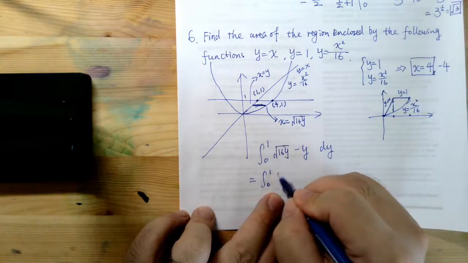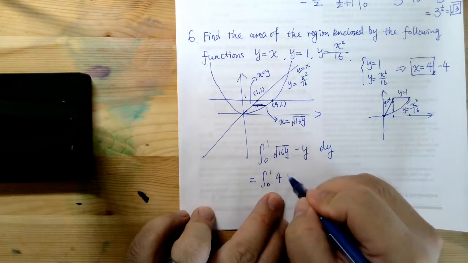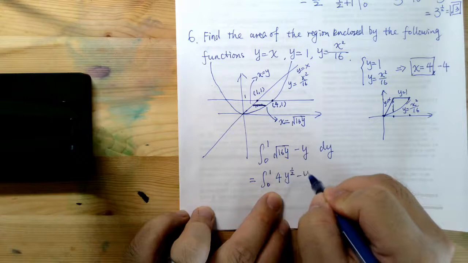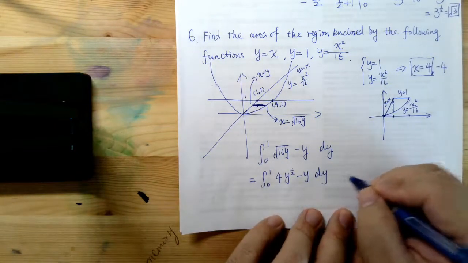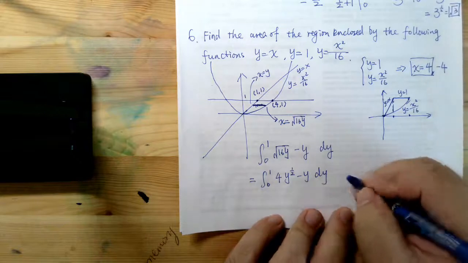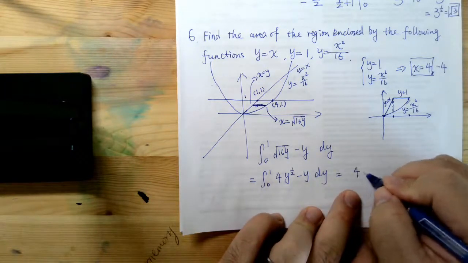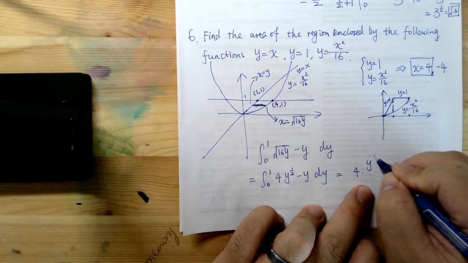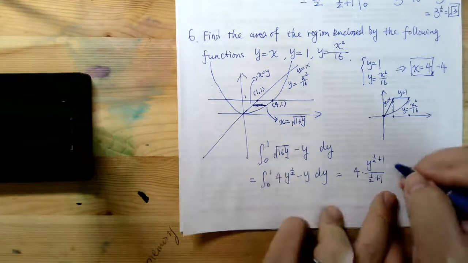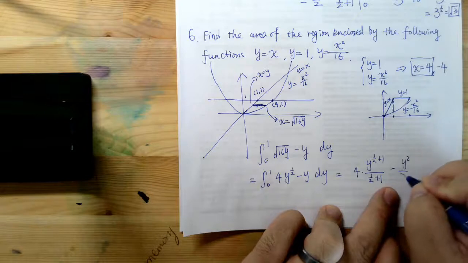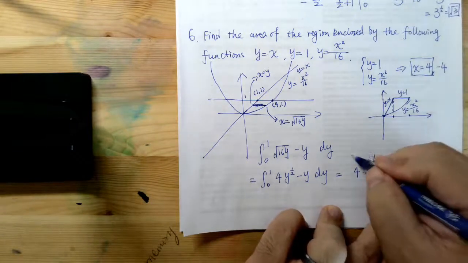The square root of 16, I can take as 4, and the square root of y is y to the power half, minus y, dy. I can find the antiderivative, which is 4 times y to the power half plus 1, over half plus 1, and then minus y squared over 2.